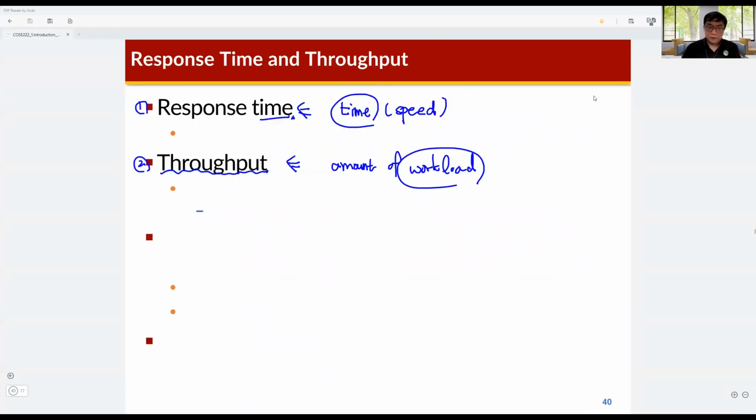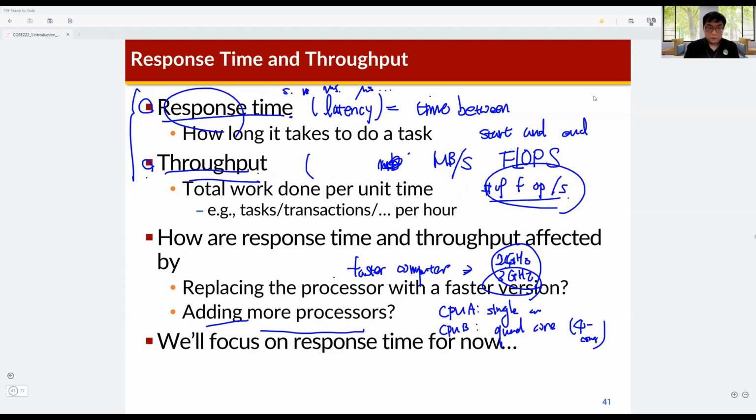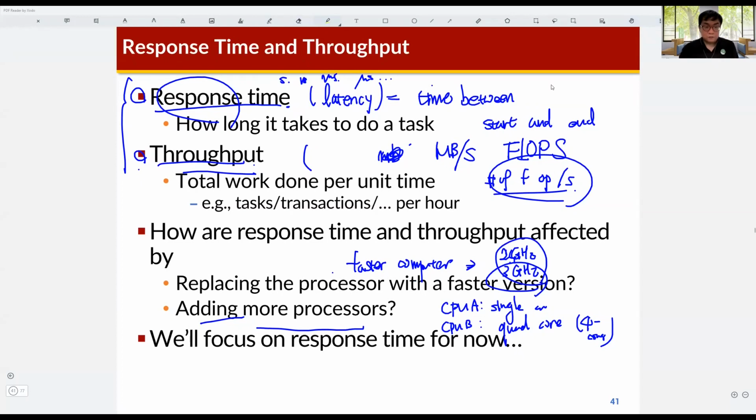And then actually there are two types of performance metric in the computer systems, response time and throughput. And this is very important. So you need to remember the definition of response time. I mentioned that this is latency, and then the definition of throughput.